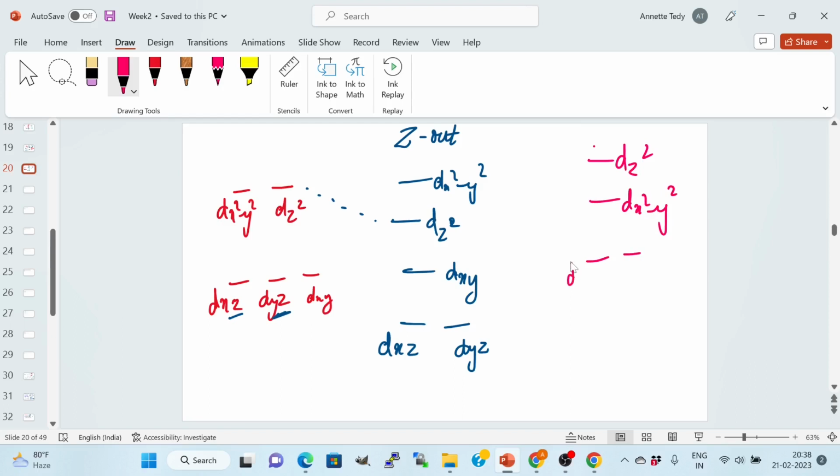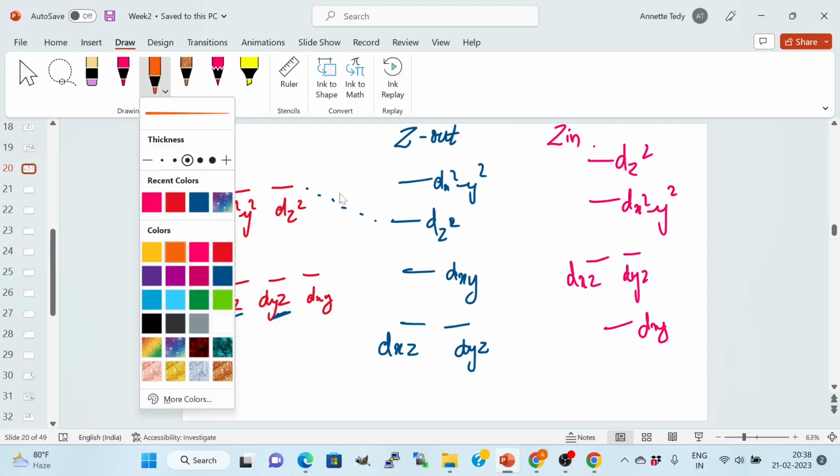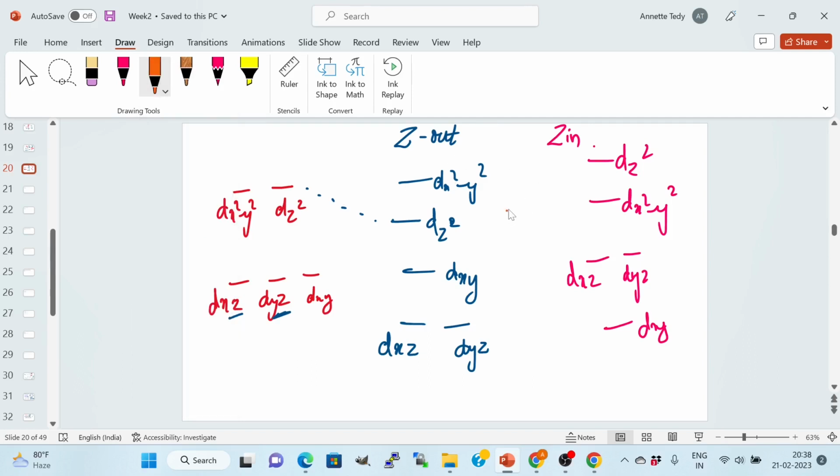Here it will be dxz, dyz, here it will be dxy. So this is Z in. For Jahn-Teller distortion, we can have either of these cases, Z in or Z out. Just by looking at the molecule, we cannot say which is Z in and which is Z out. But that is not important. We just have to find out if it has Jahn-Teller distortion or not.